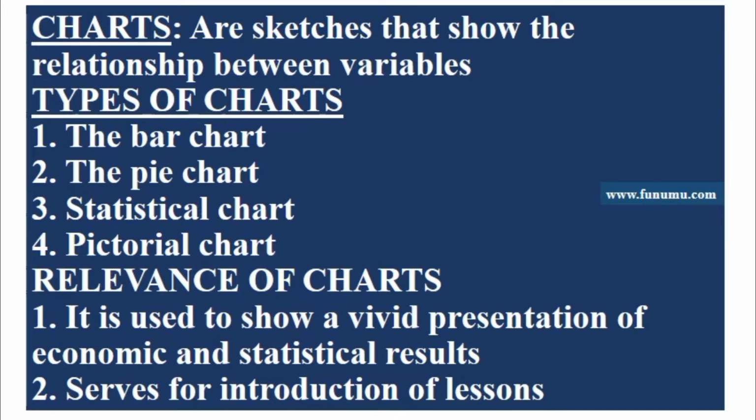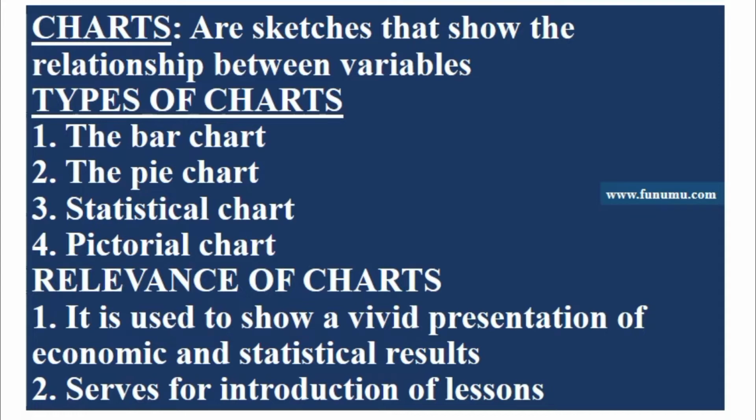Charts, on the other hand, are sketches that show the relationship between variables. We have four types of charts: the bar charts, the pie charts, the statistical charts, and the pictorial charts.